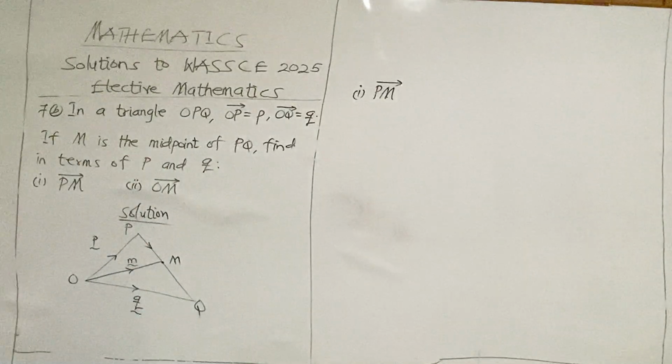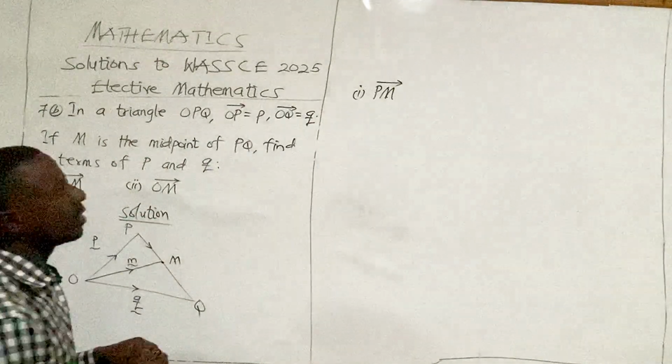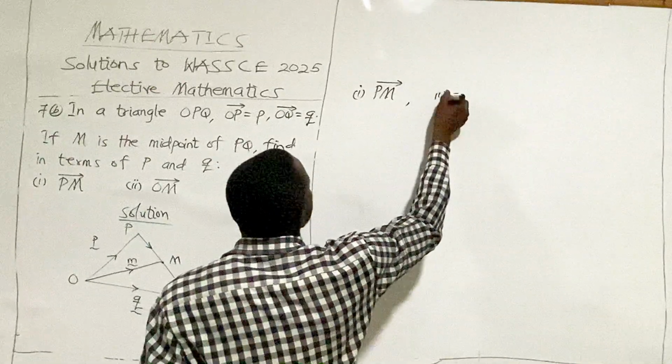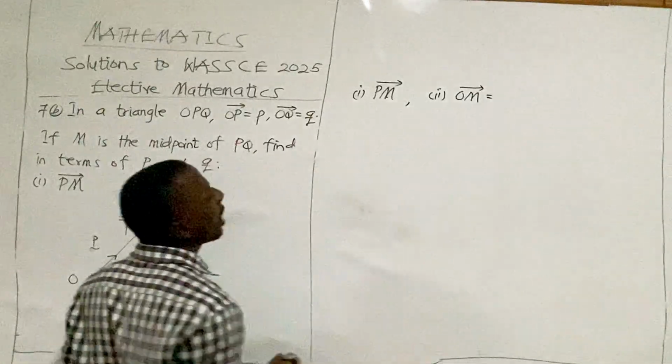But before we can get PM, we need to get OM first. So let's get OM, then afterwards we look at PM.